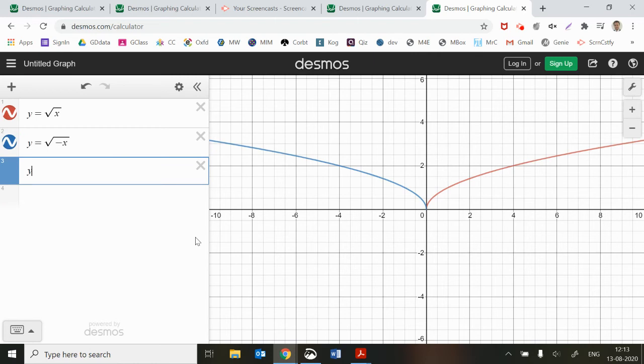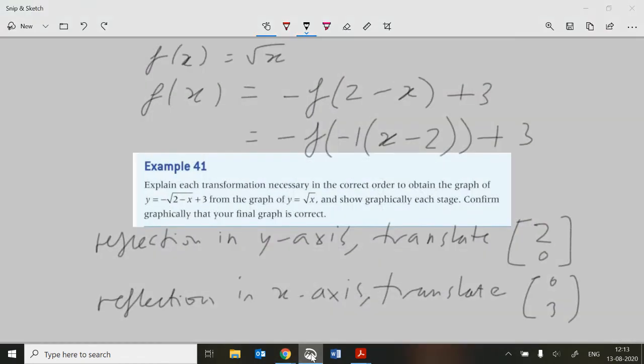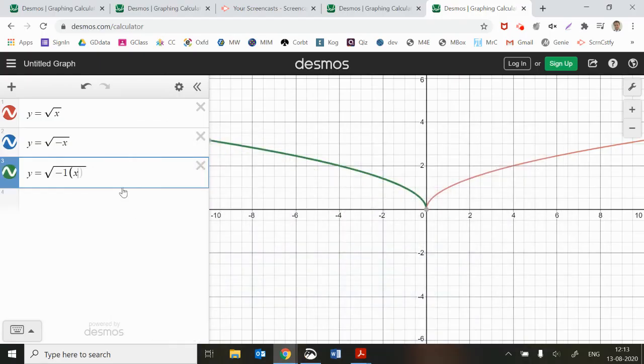Then I put minus 1 there, and inside the brackets I put x plus 2. Done it? No, I haven't. I've done x minus 2. I didn't think I was getting the right thing. x minus 2, so it's shifting it forwards by 2.